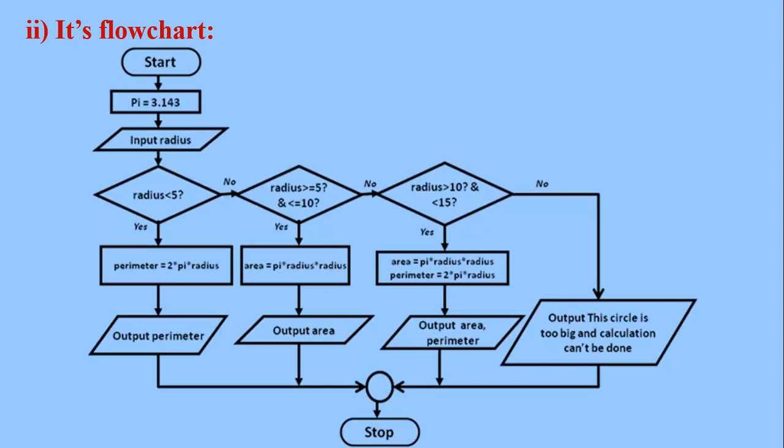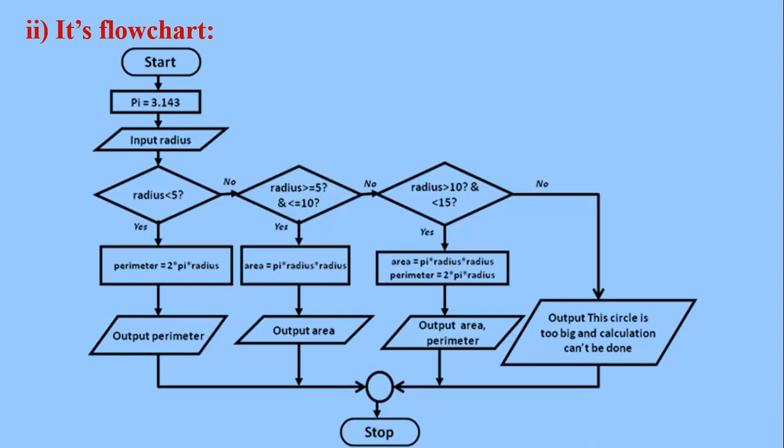So, if the value entered as radius is greater than 10 and less than 15, calculate the area by multiplying the content of pi times radius, and assign the value to area, and calculate perimeter by multiplying 2 times pi times radius.